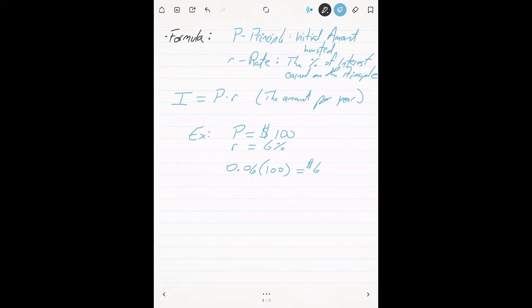Let's say I opened a bank account and I put in $100 to begin with, and the rate was 6%. So the bank says for every year, we're going to give you $6. That's your interest amount. But let's say now it's been 17 years. Remember, the bank gives me this money once a year, only one time a year for simple interest.